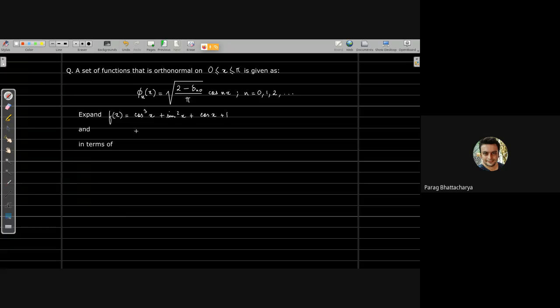And the second function is g of x, defined as cos square x minus cos x, in terms of these phi n's.